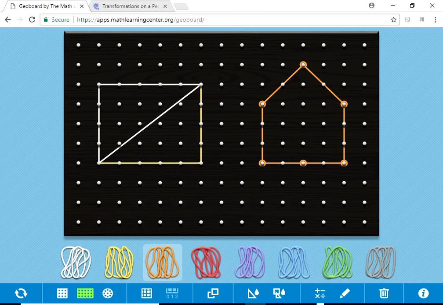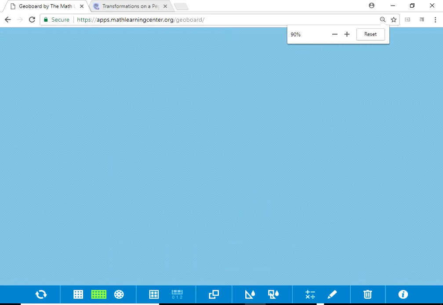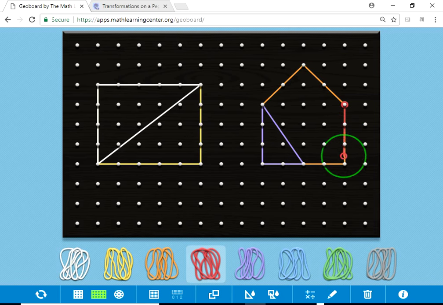So what we have to do is cut this into triangles. So we take this one, now we have this triangle. We have that triangle.